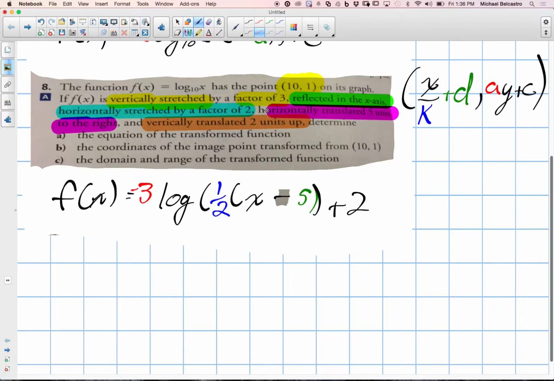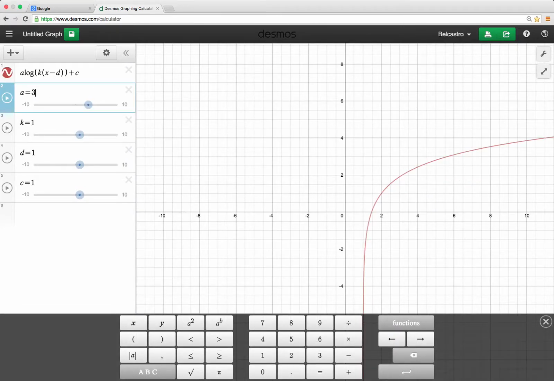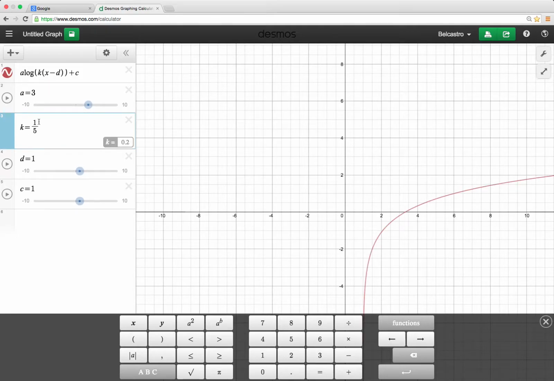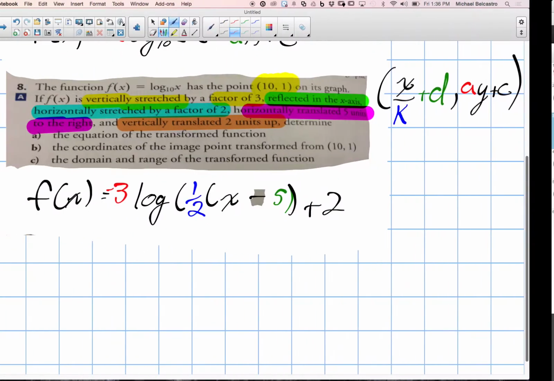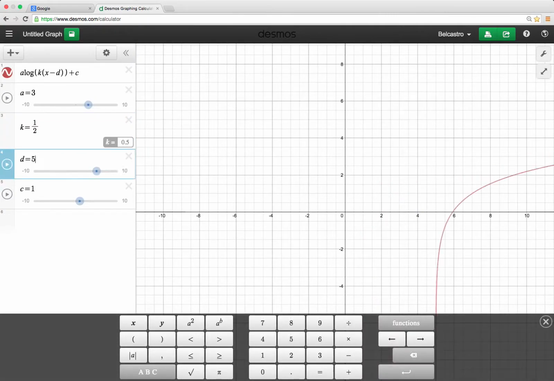A value is -3, k is 1/2, so we'll plug them in here. A is going to be 3, our k value is going to be 1/2. Whoops, that's not 1/2. There we go. Our d value is technically +5, so write it as a +5, but when it goes in the equation it would be a negative. Our c value is 2, and the a should be a negative, right?